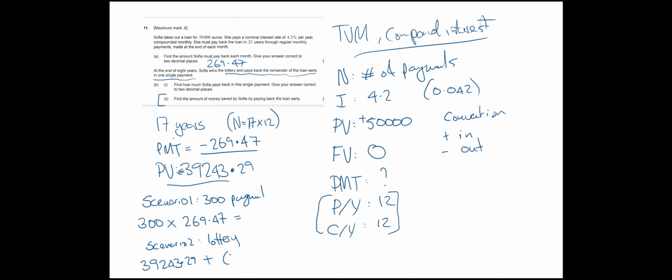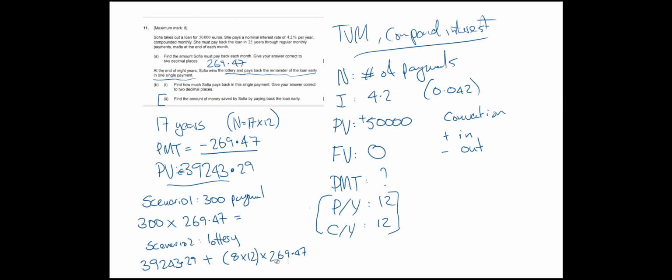That was the end of 8 years. So 8 years times 12 months times the 269.47 number. And then we're going to find the difference.